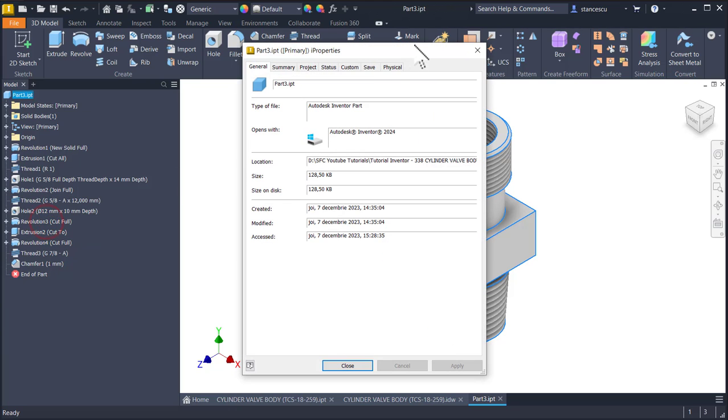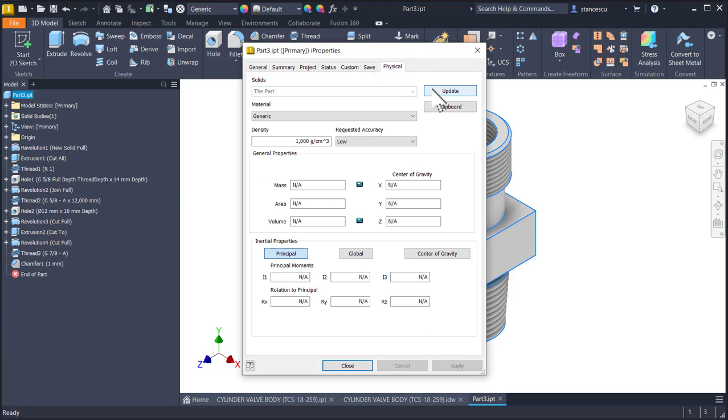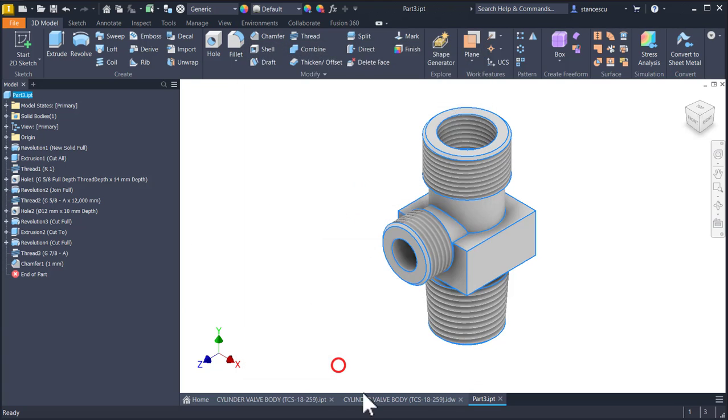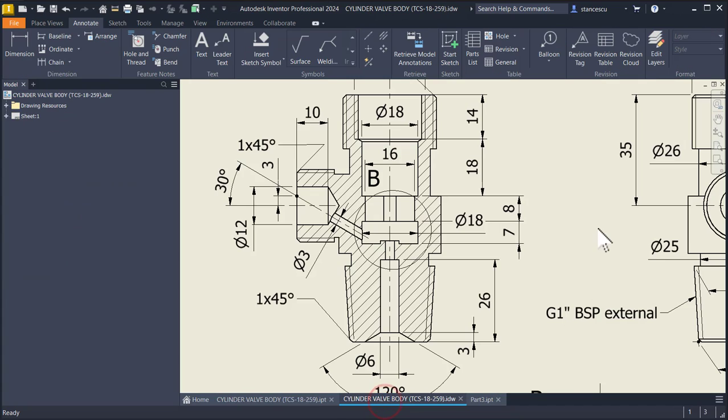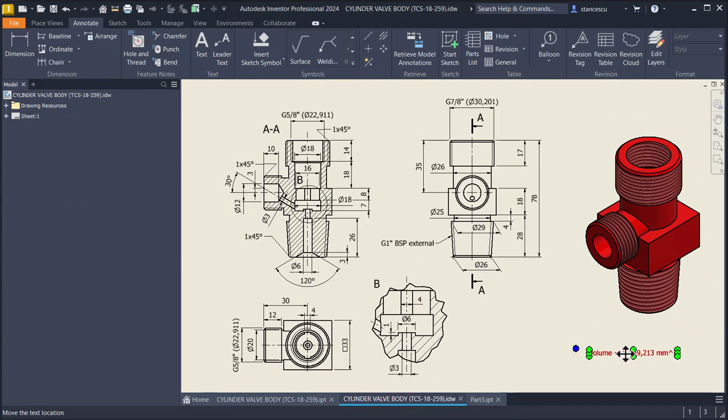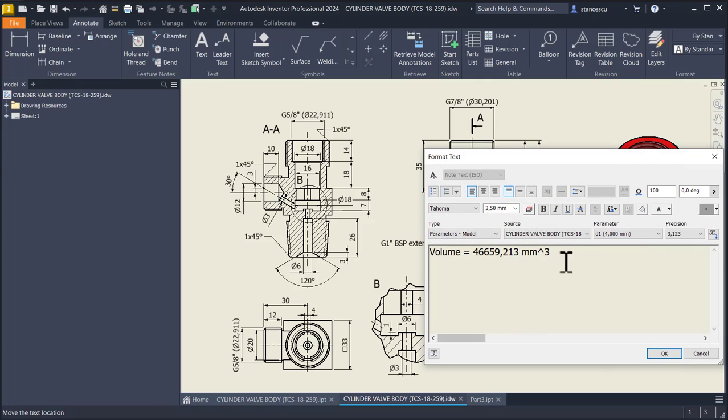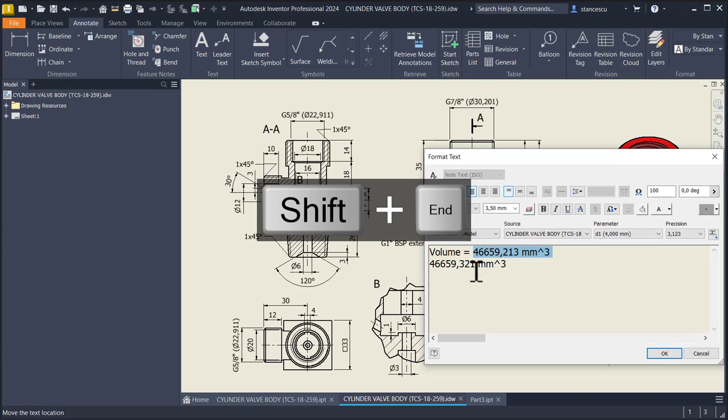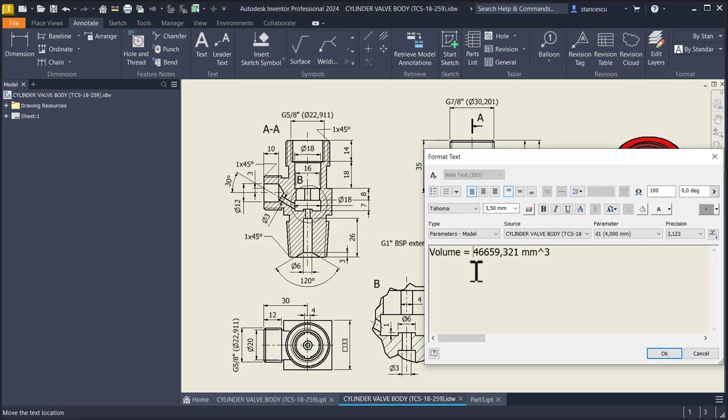Properties, physical, update, copy, close, drawing, double click, and this is almost the same. Of course, we keep the last value because this is what we did.